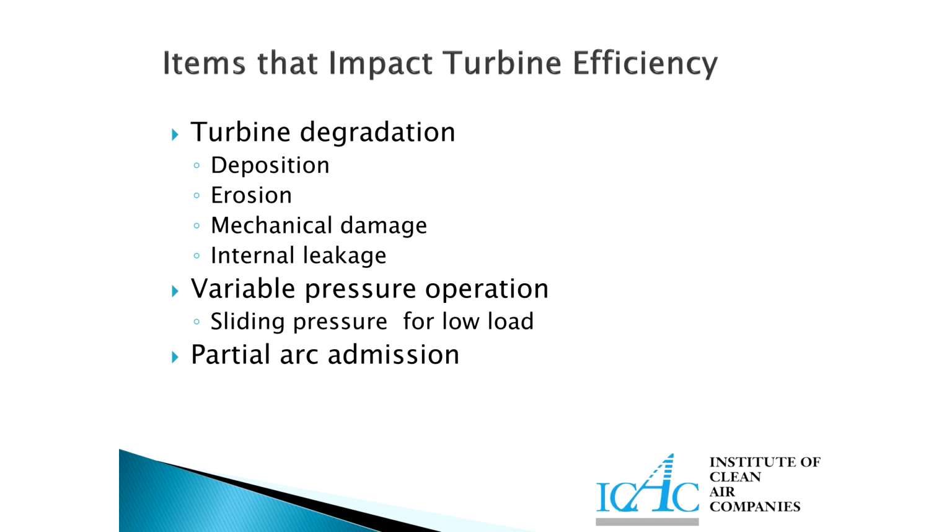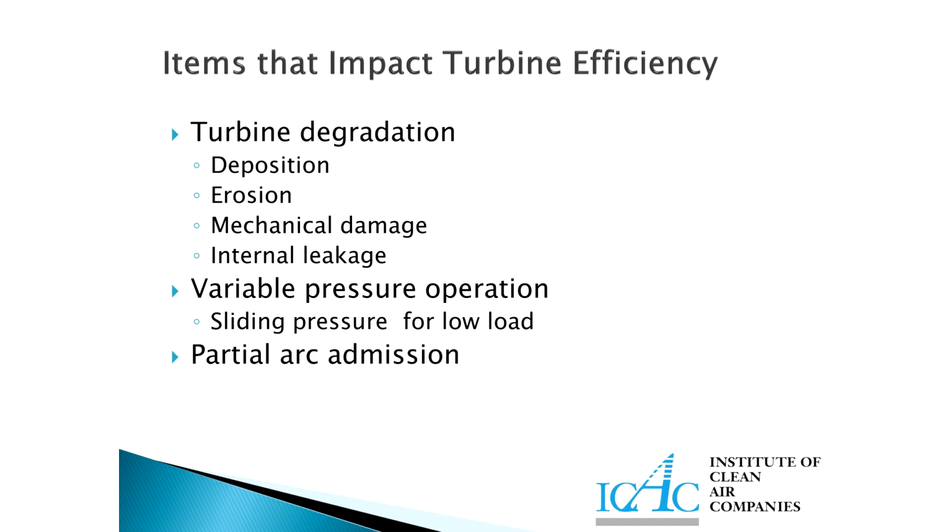Erosion. Erosion comes up if they go up and down on load and they get some condensation of the steam. You get some erosion on the blade. There's mechanical damage, and there's also internal leakage between the different stages.